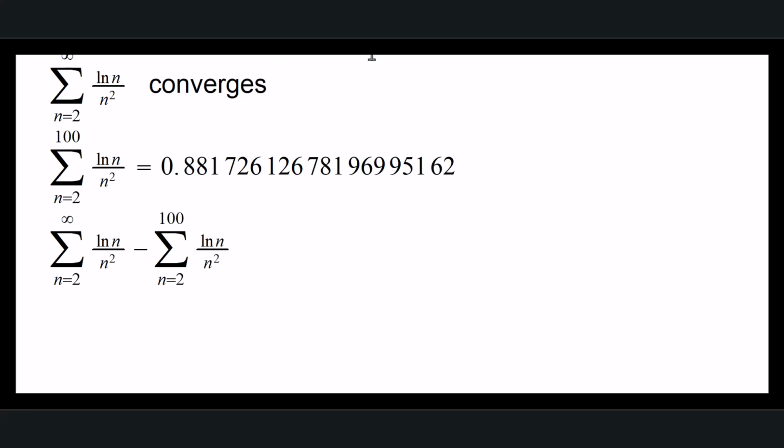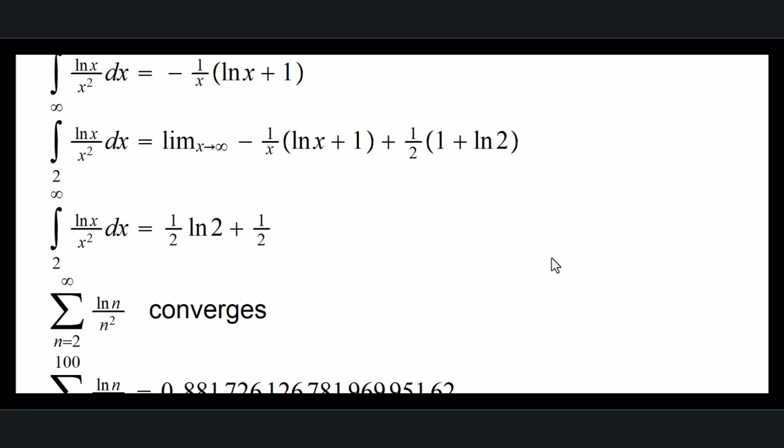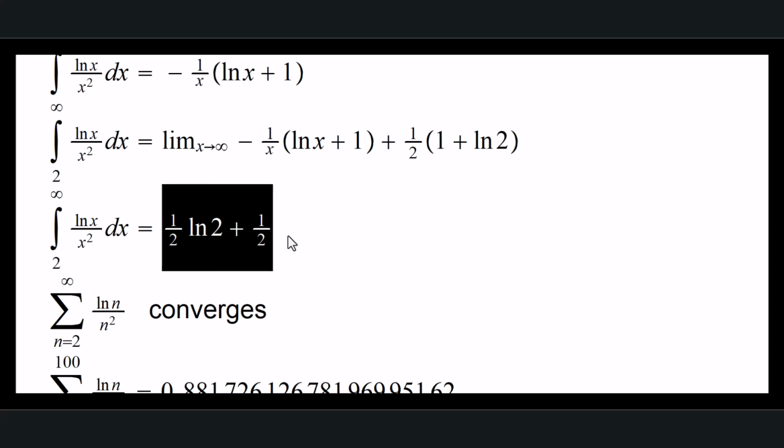So you know from the remainder of the integral test criteria that if we stop at the 100th term, the remainder is bounded by this integral, that is, ln of x over x squared dx, and we can go in the same manner as we did before.